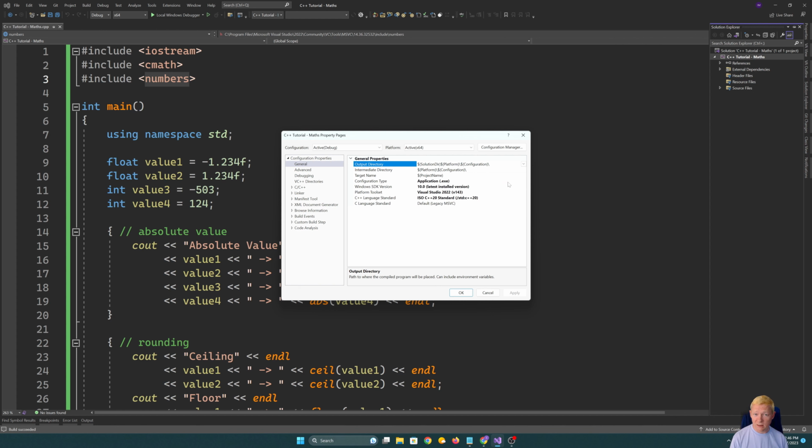Now, how you do that will vary a little bit if you're using other compilers. So if you're using GCC, then that might be something you're providing instead on the command line. But that's something to be aware of, that you likely will need to change the language standard there.